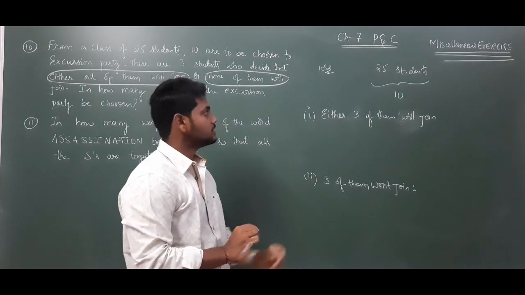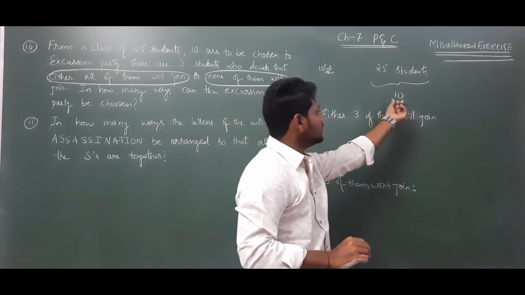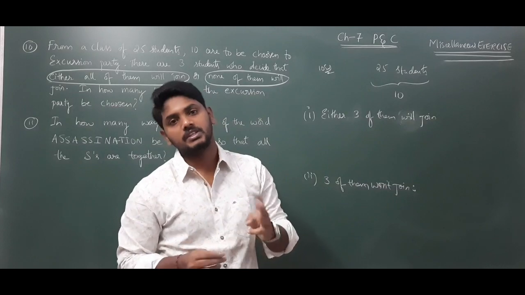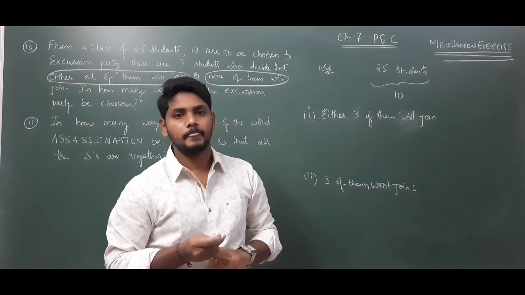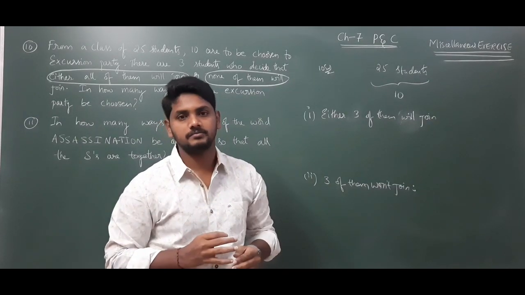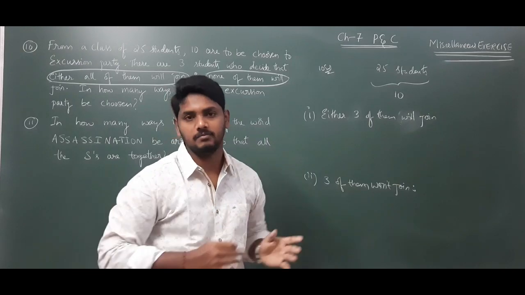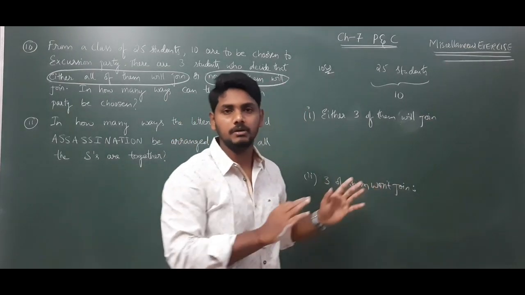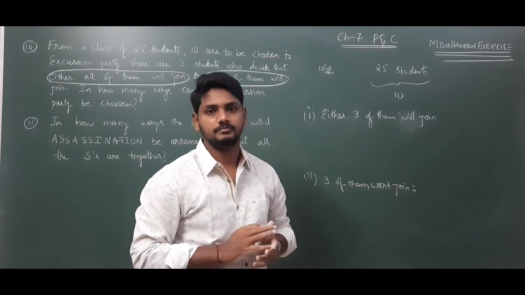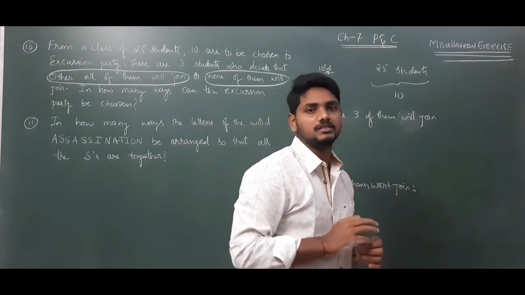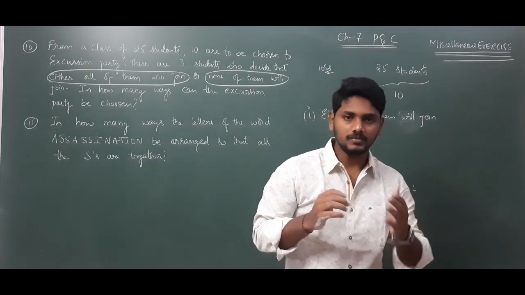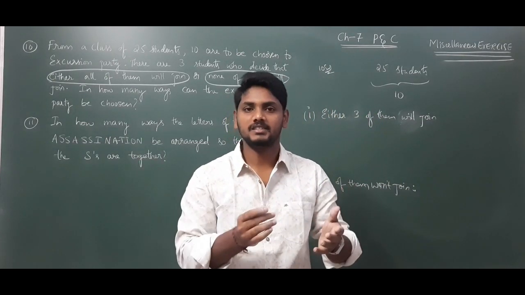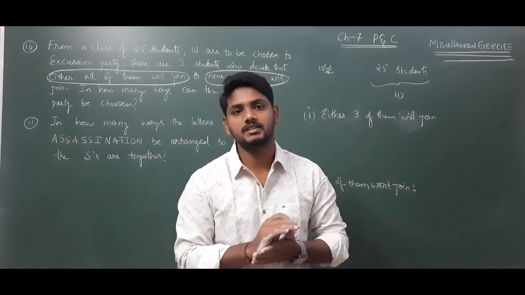So what you need to understand is, in that list of 10, there will be like 3 recommended students. For example, from your class, we need to select a cricket team, but out of 25 students, we need to select 11 members. In your class, some recommended students are there, like MLAs' children and so on.